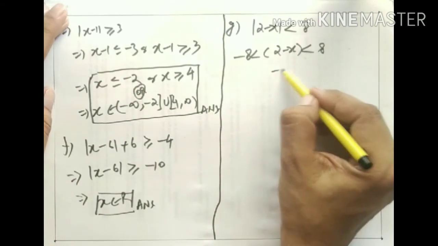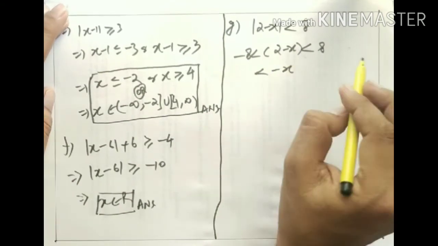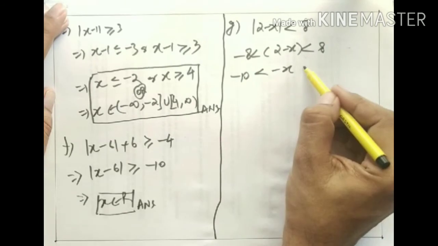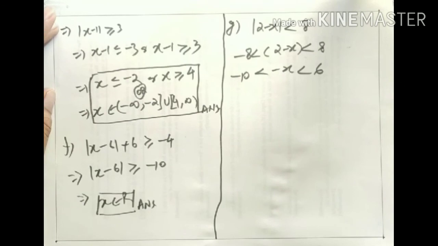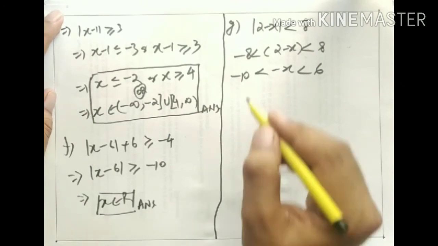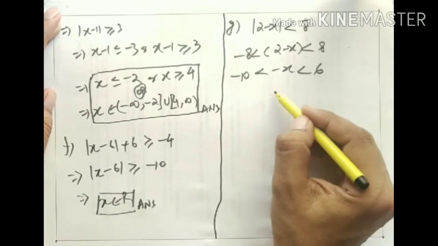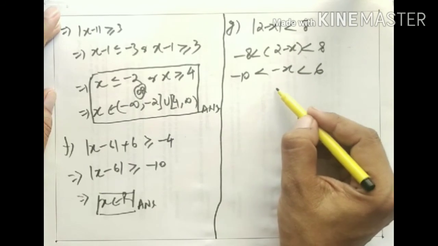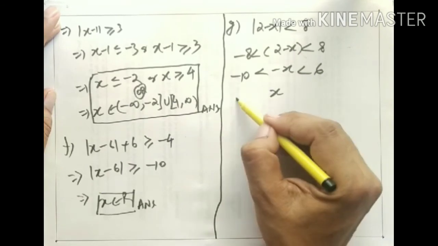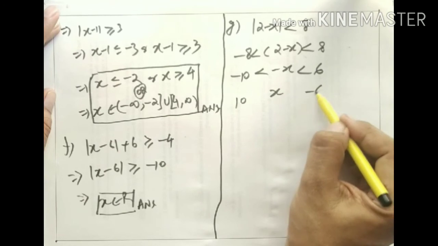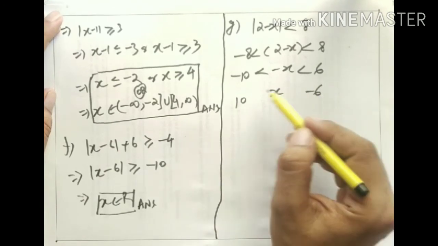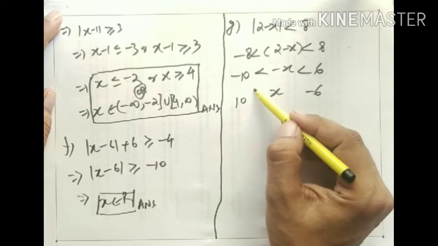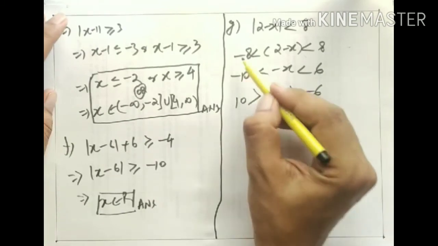So this will be -8 less than 2 minus x less than 8. I just subtract 2 from all the sides, which results in -10 less than minus x less than 6. Now I multiply all the sides by -1, and since it is an inequality, multiplying with a negative number will reverse the sign of inequality.